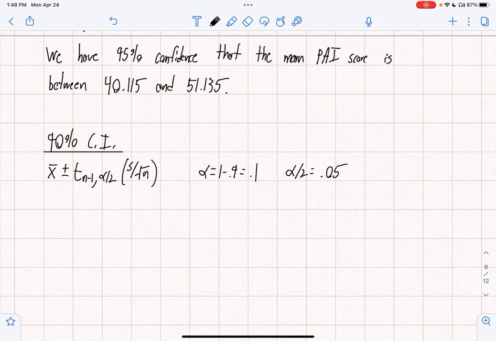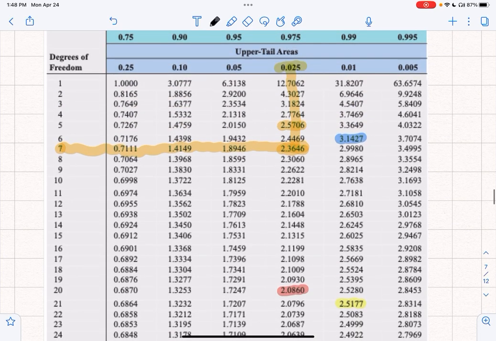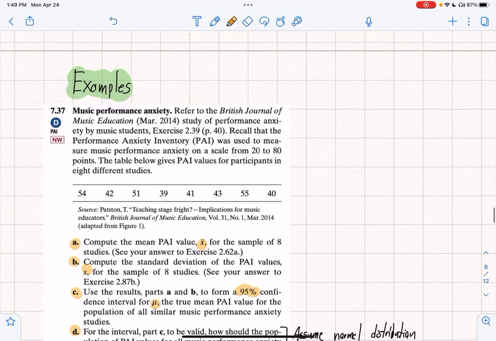We still have 7 degrees of freedom. So now we look up t with 7 degrees of freedom and 0.05. Going down the table, I get 1.895.